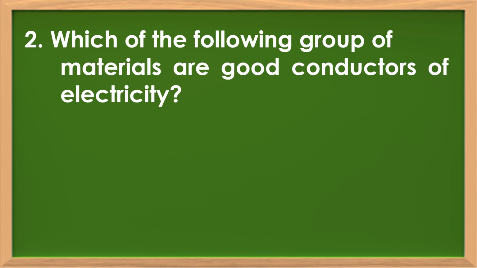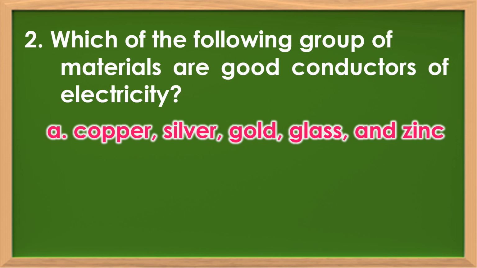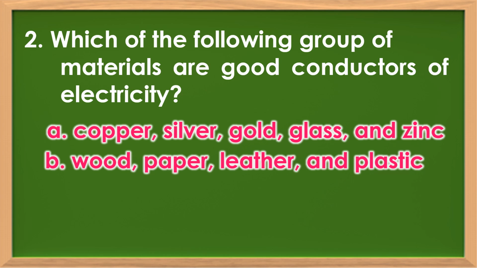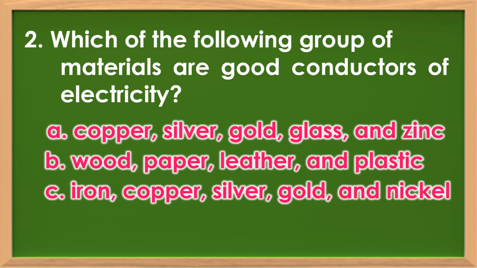2. Which of the following group of materials are good conductors of electricity? A. Copper, silver, gold, glass, and zinc. B. Wood, paper, leather, and plastic.